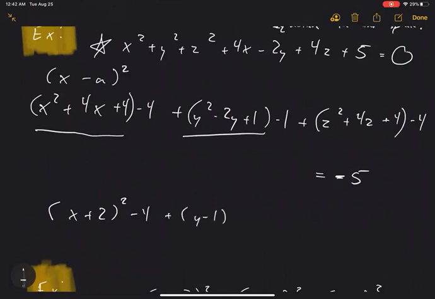Y minus 1 squared minus 1, right? And then what's this term here? That'd be z plus 2 squared, minus 4 equals negative 5.